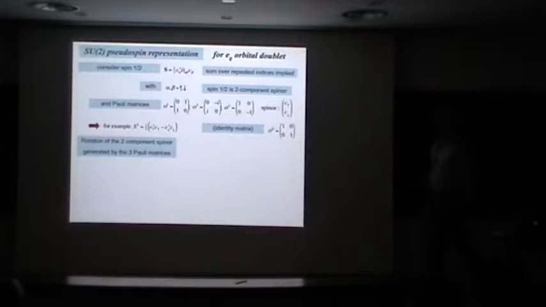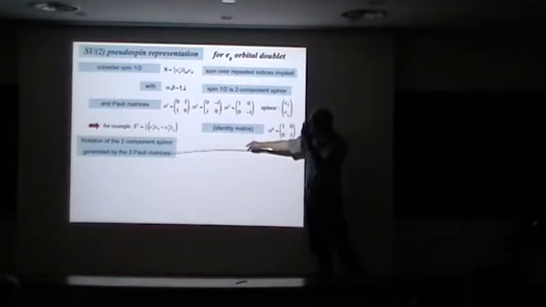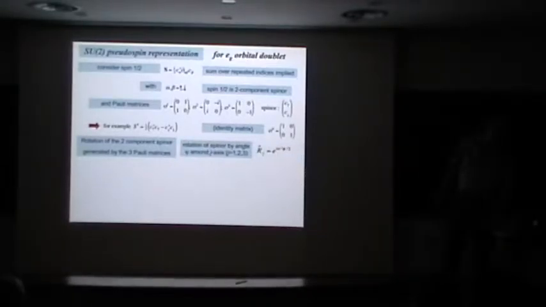If I have the spinor, I can rotate this 2-component spinor, and the rotations of the spinor are generated by the 3 Pauli matrices. So how does the rotation work?